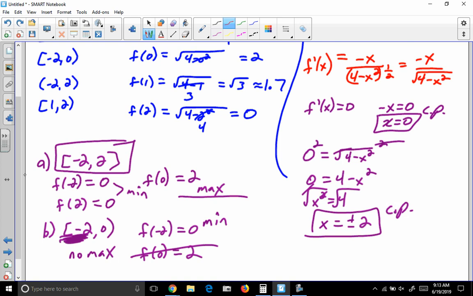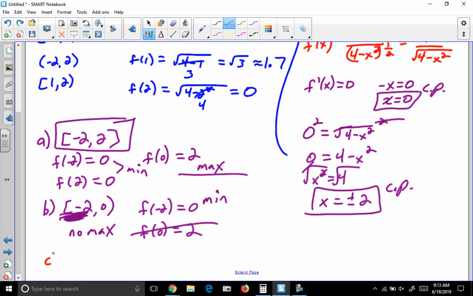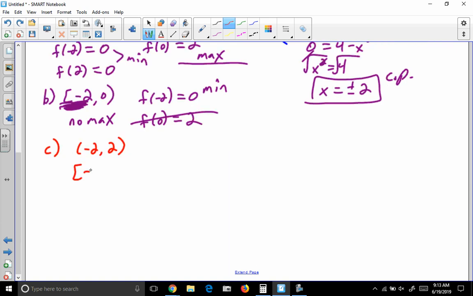All right, so part C. Part C does not include the edges. Well, when we did the closed interval, we had a minimum at both ends, and that was the only place we had a minimum. Since the ends are not included, we have no minimum.